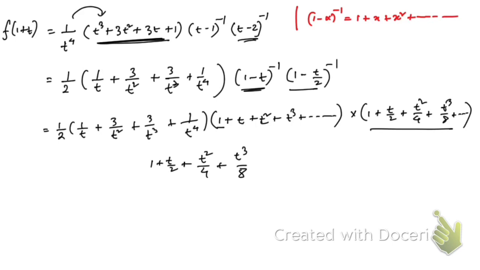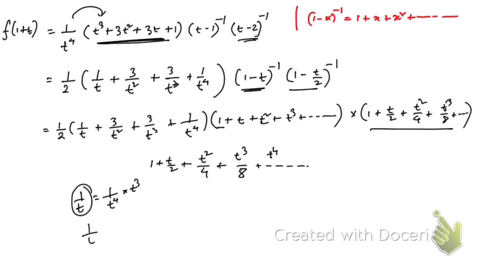We don't need the next term, t to the power 4 by something, whatever we're going to get, because here you see the maximum power on t is t to the power 4. So you're going to get 1 by t when you multiply 1 by t to the power 4 with t to the power 3, right? Then only you can get 1 by t.